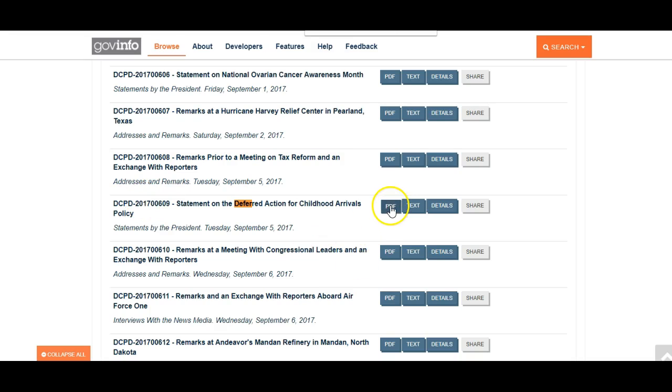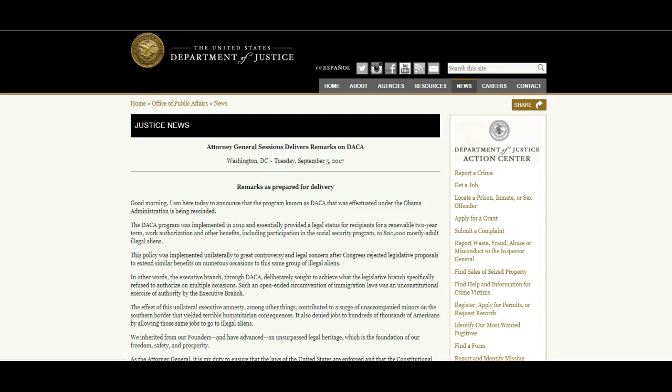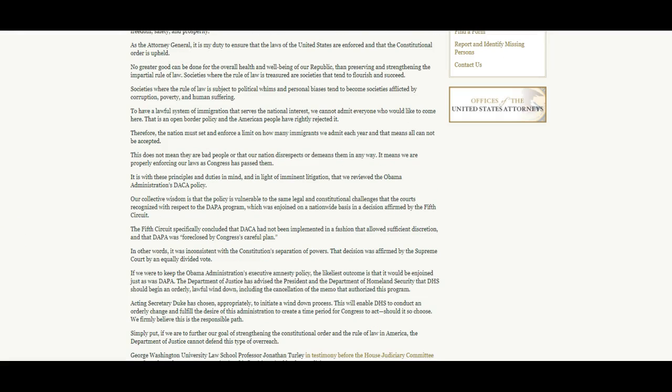And so here's essentially where the president made his statement indicating his intent to basically terminate that program. Because these are statements of the president, as well as signing statements, just regular old speaking statements, and because of that, the DACA program was administered through the Department of Justice. It was actually officially announced through the Department of Justice, so you can see it spelled out here.